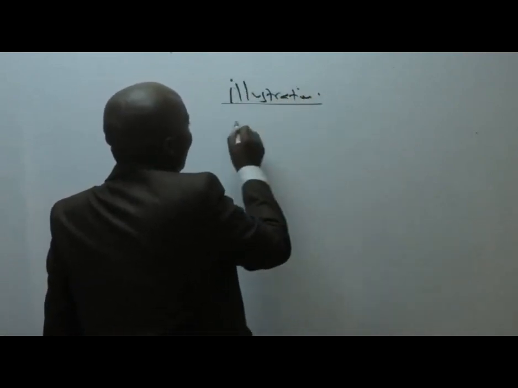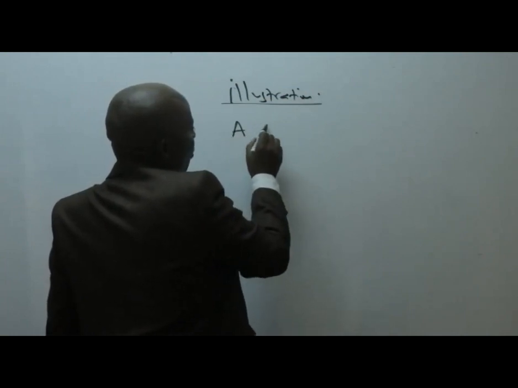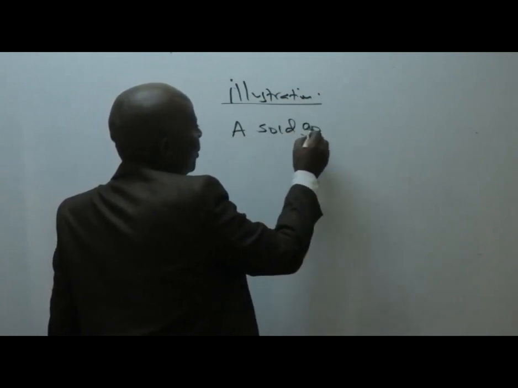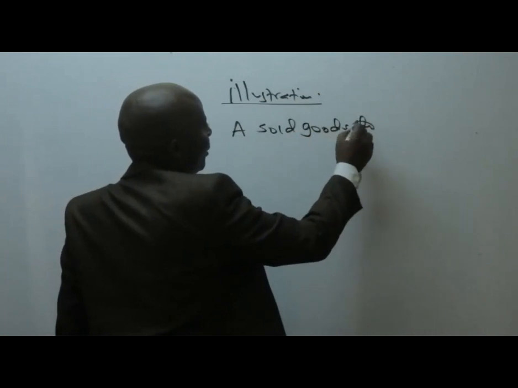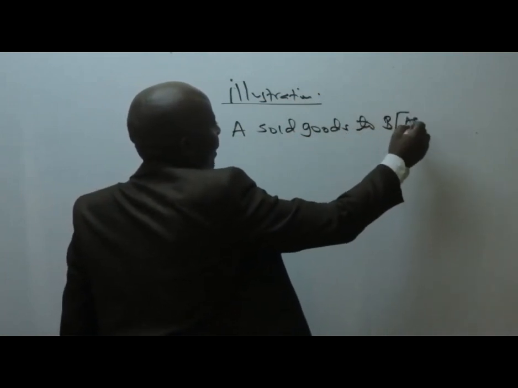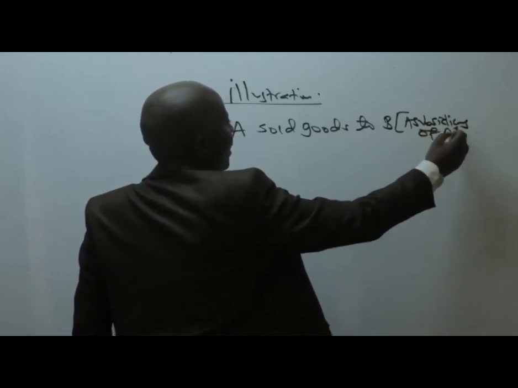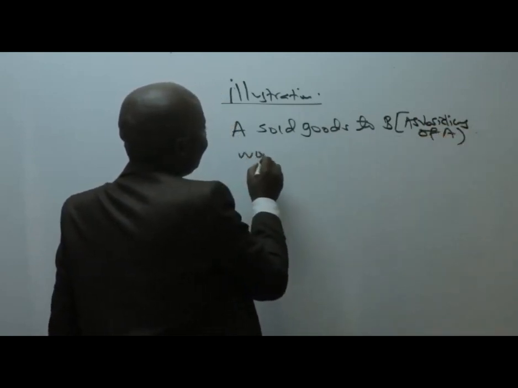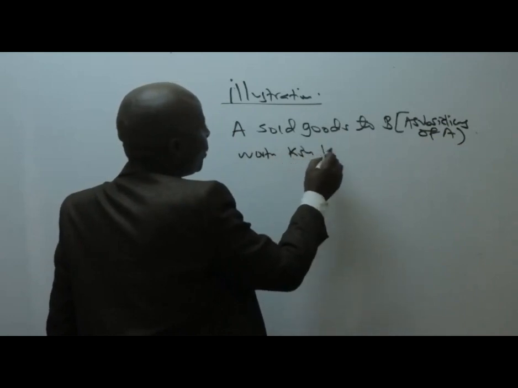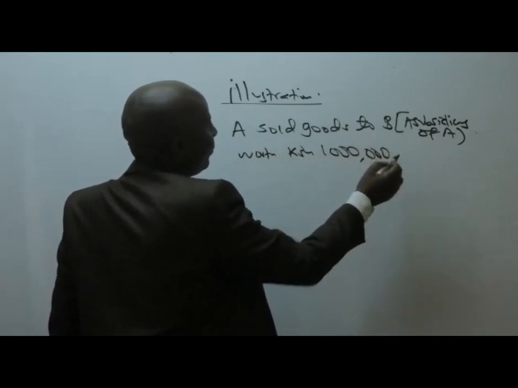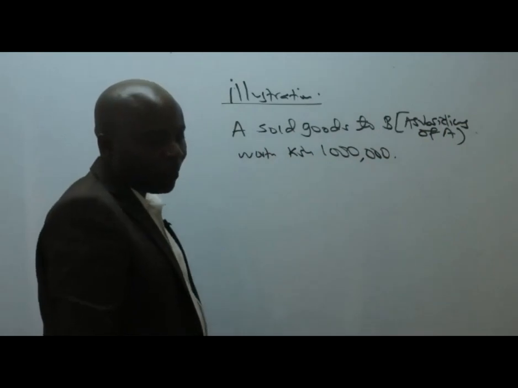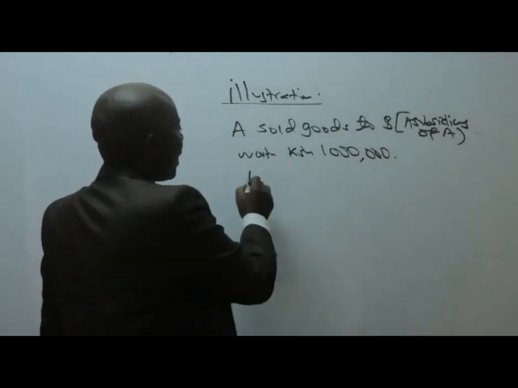We are told A sold goods to B, which is a subsidiary of A, worth Kenya shillings 1 million.